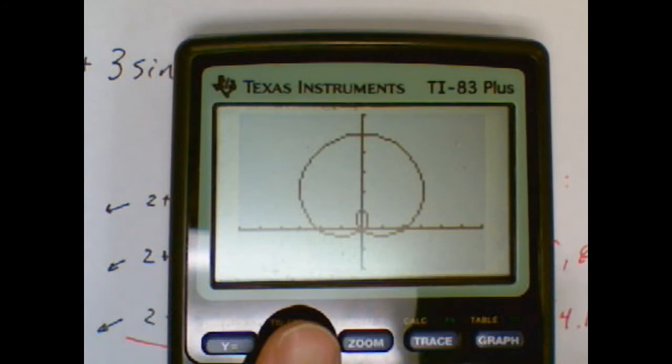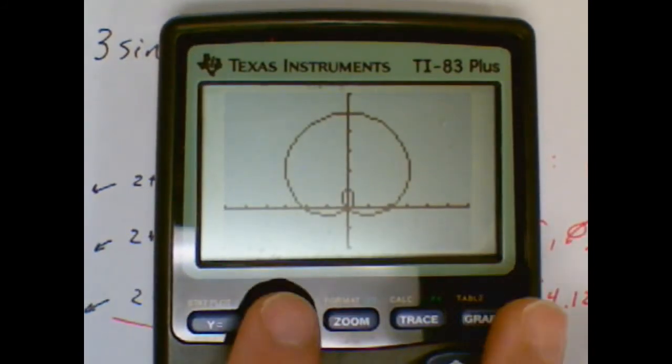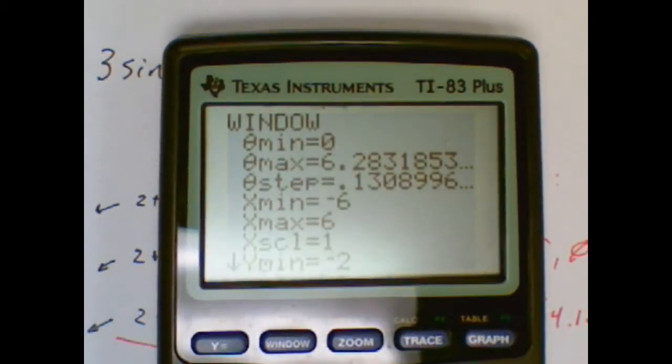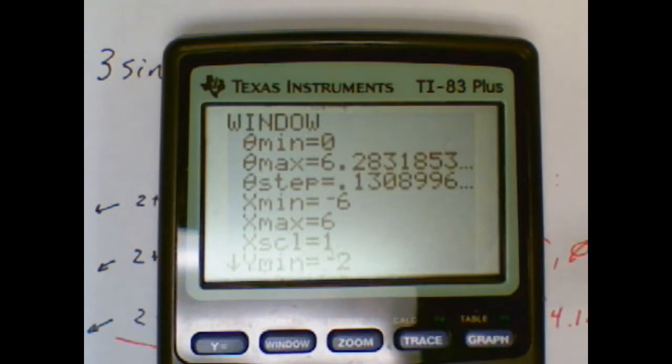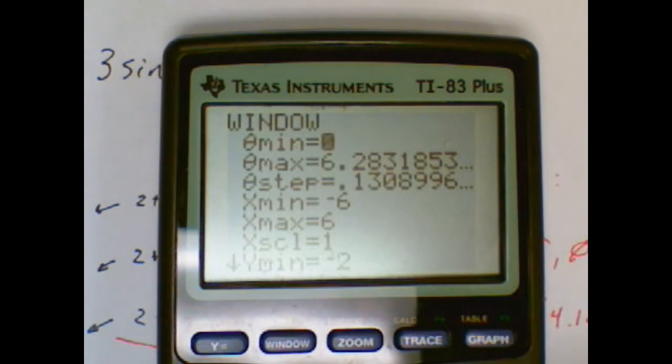So I want to point out things that you have to become good at. In your window, you get to give the calculator the range for theta values that you want to use. Here I went 0 to 2 pi, and look what happens if I just go 0 to pi.